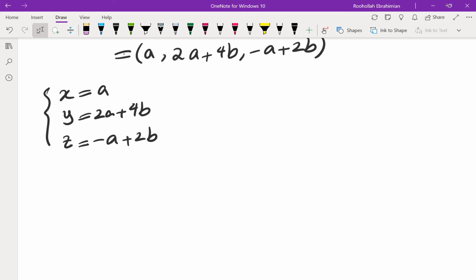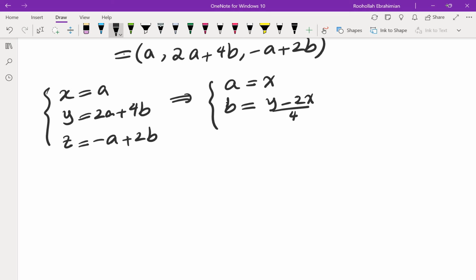So we can find a and b from here. We can say a is x, and from the second one we can find b. b is (y - 2x) over 4. And then z is, if I find the relation between these, -a + 2b, which is -x + (y - 2x)/2.